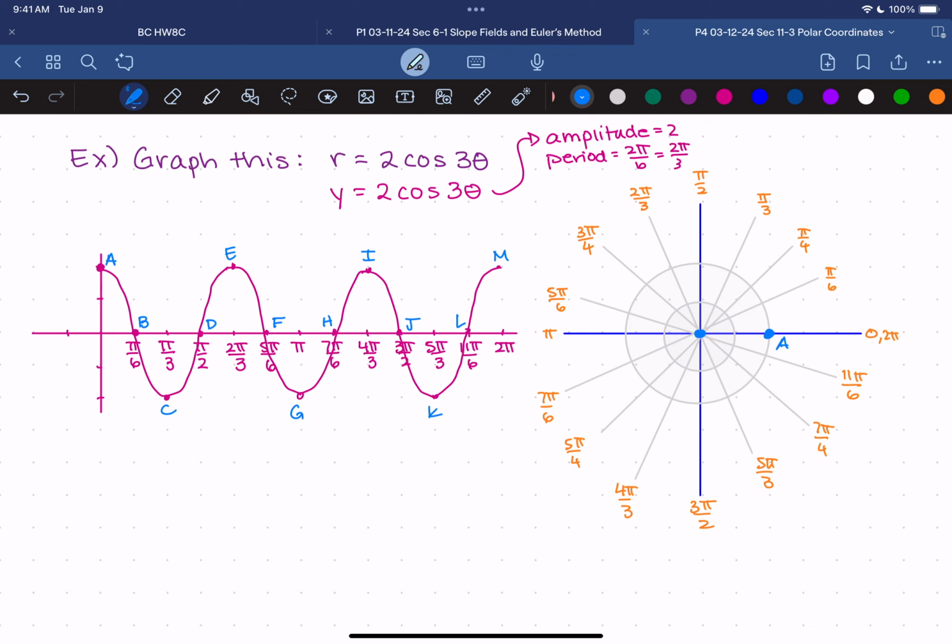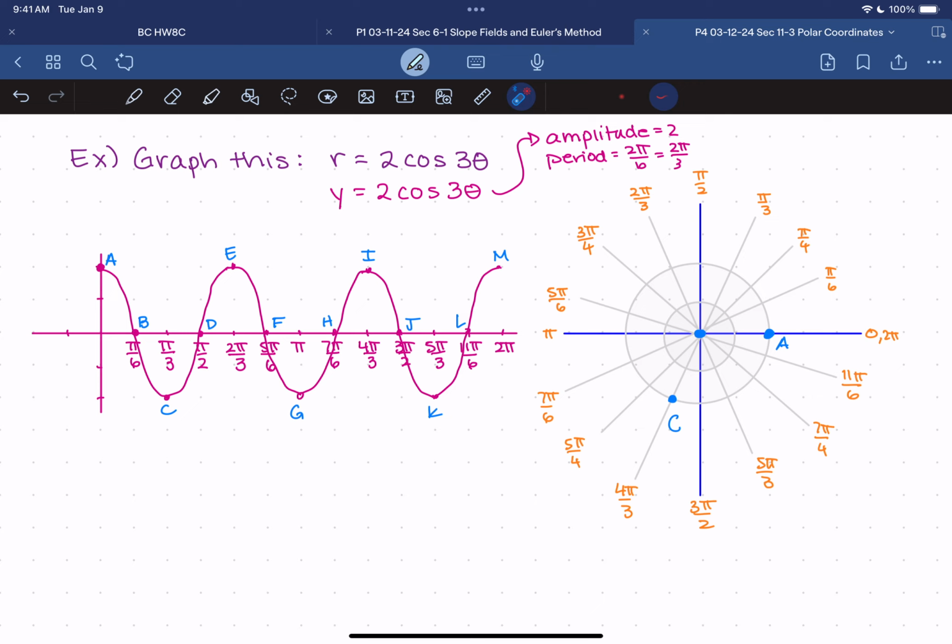And then I go to point C. Point C is at the angle pi over 3, but it's got a negative radius. So here is the angle pi over 3, but I'm going to go this way because it's a negative 2, so I'm going to be right there. And that's where point C is. And then D would take me back to the origin.